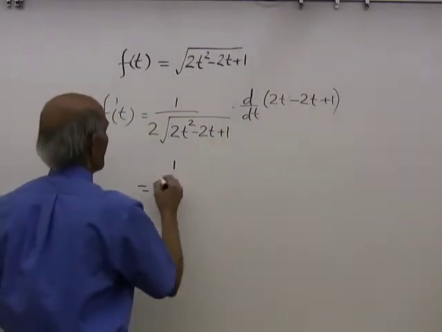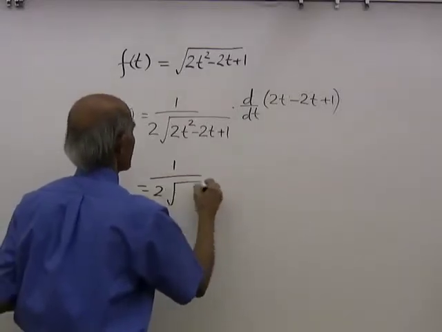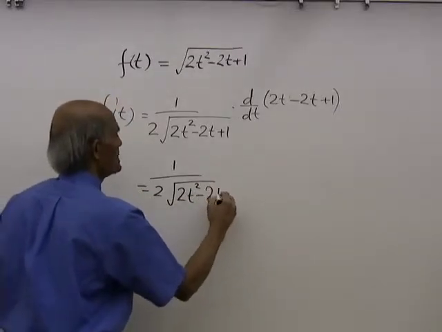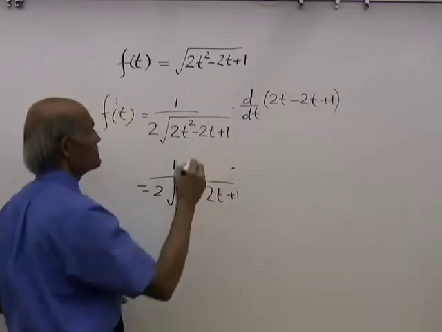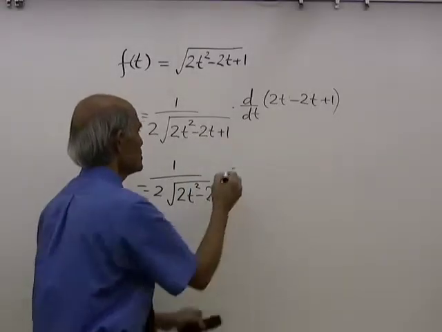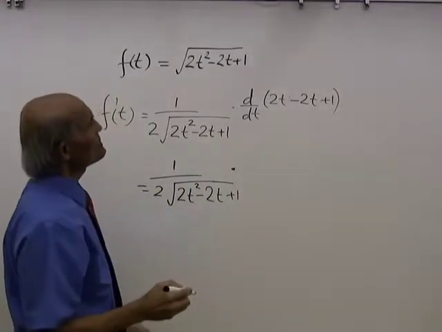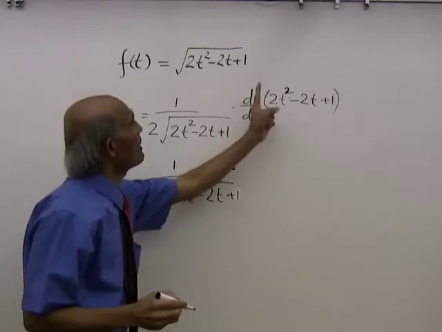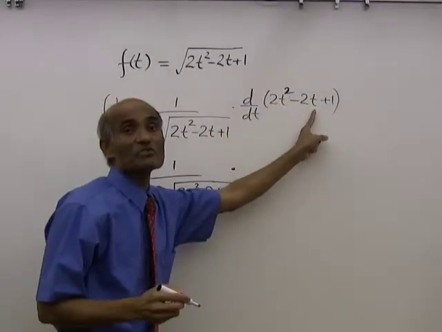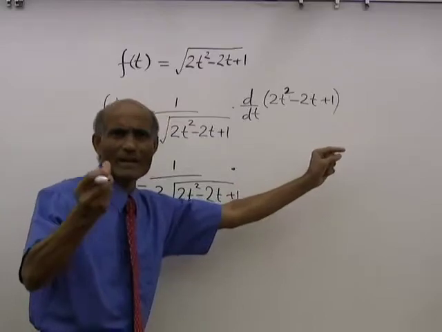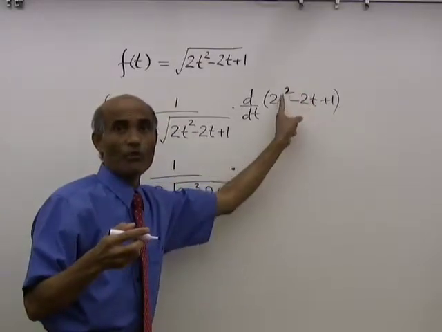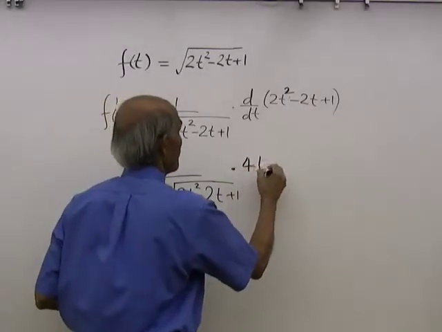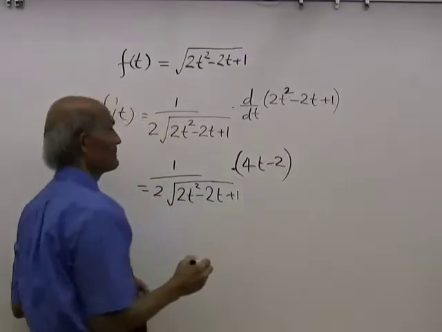That will be 1 over 2 square root of 2t squared minus 2t plus 1 times, what is the derivative of 2t squared minus 2t plus 1? You should give it to me quickly. Alright, it will be 4t minus 2, is that right? So that will be 4t minus 2.